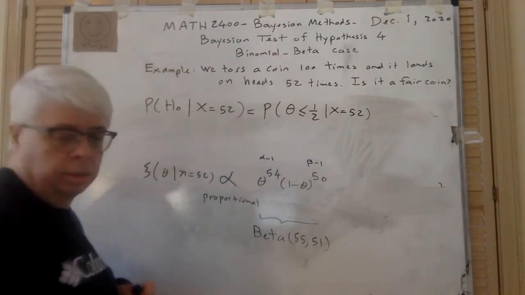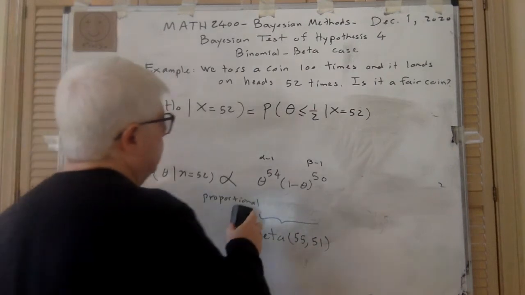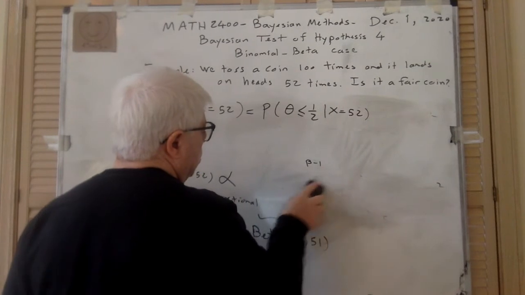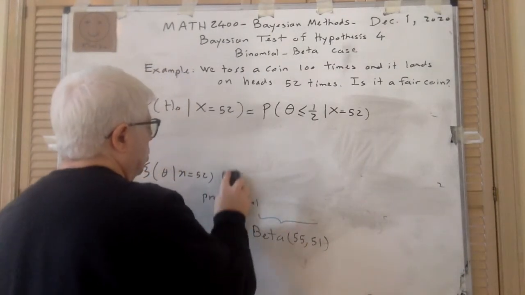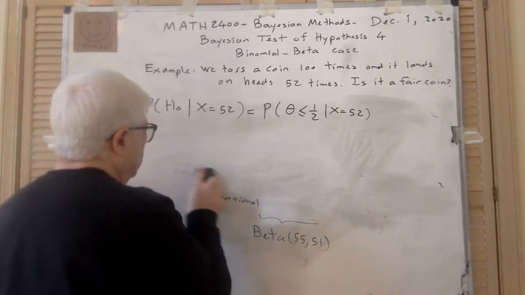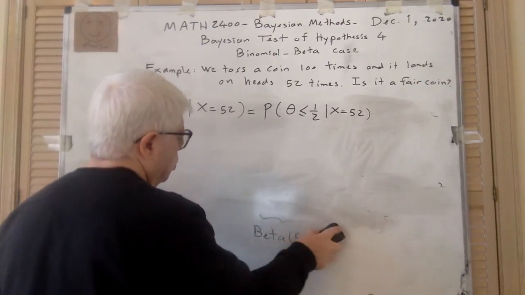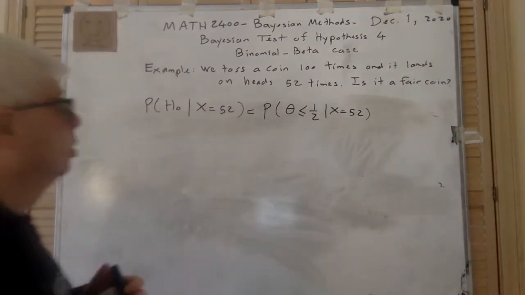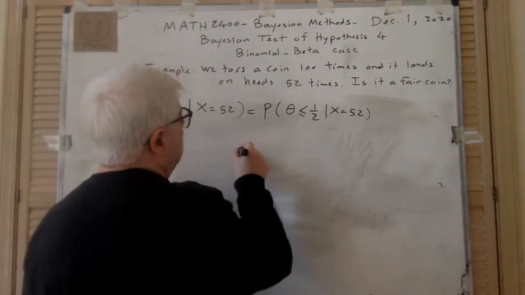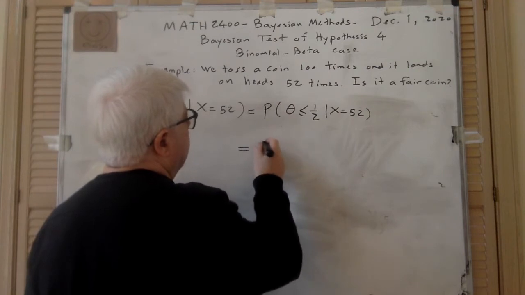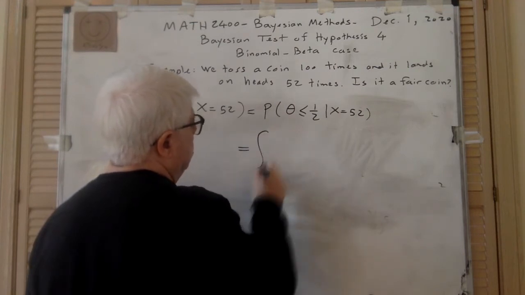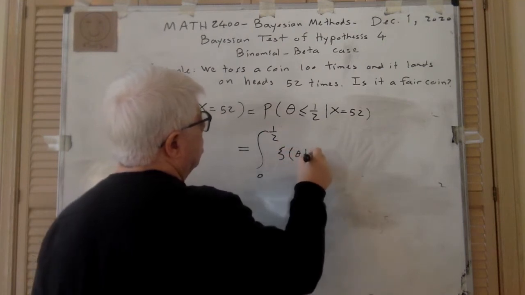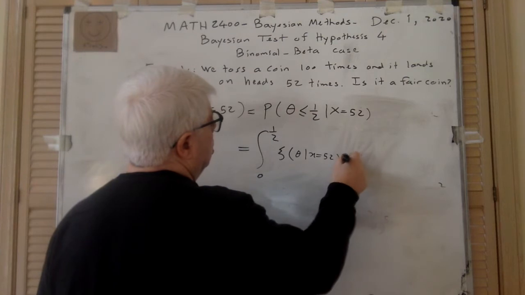So that is in fact the integral from 0 to 1/2 of c of theta given x is 52, d theta.